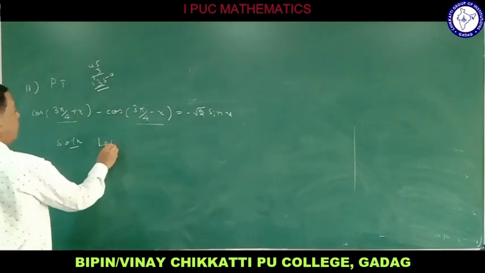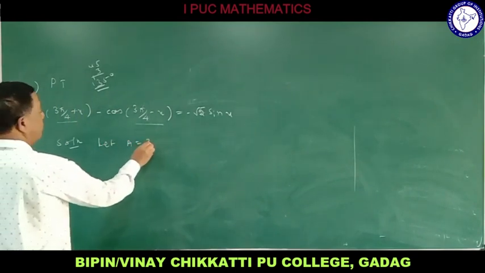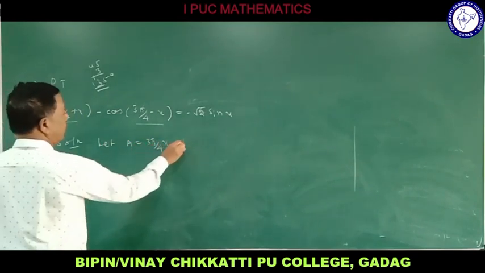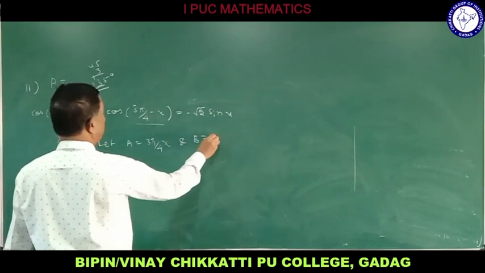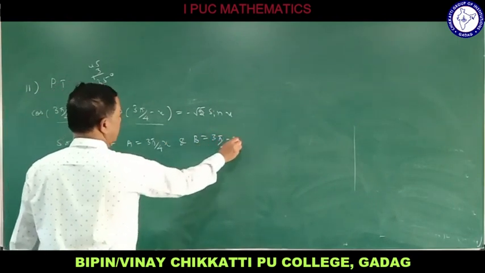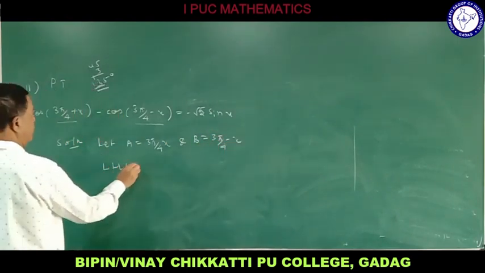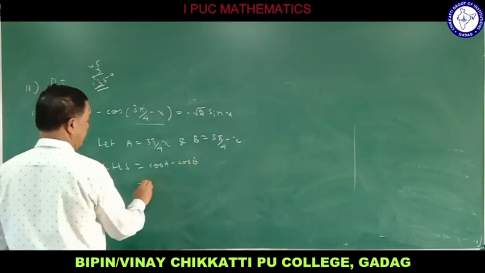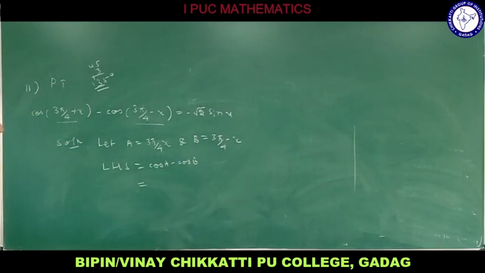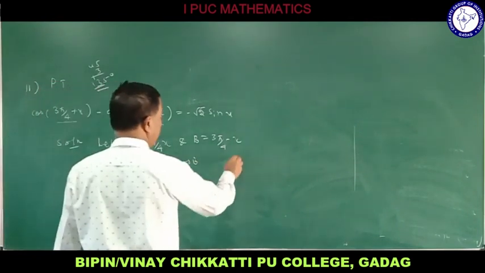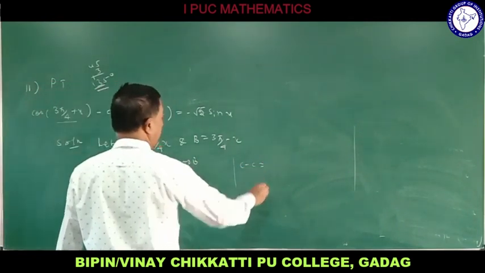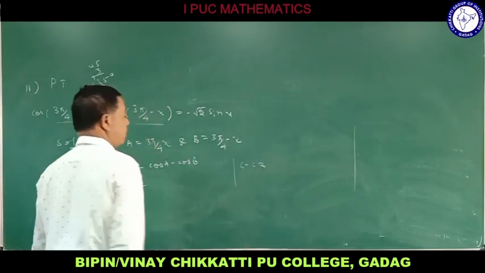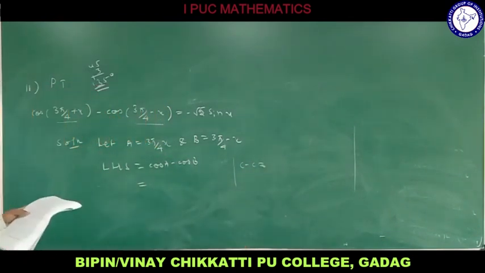So you have to say, let A is equal to 3 pi by 4 plus x and B is equal to 3 pi by 4 minus x. So what comes on the LHS, you say cos A minus cos B. Now here we have to apply the transformation formula, that is, cos C minus cos D, a shortcut formula I already told you.